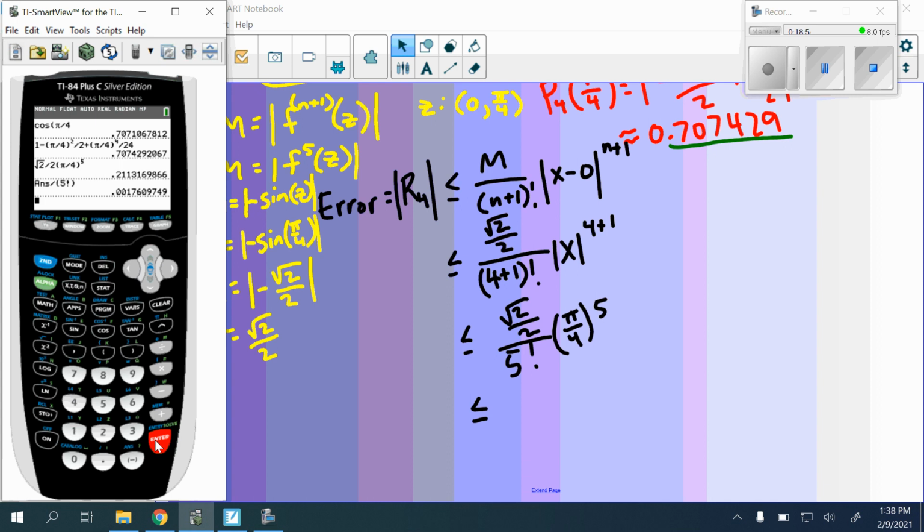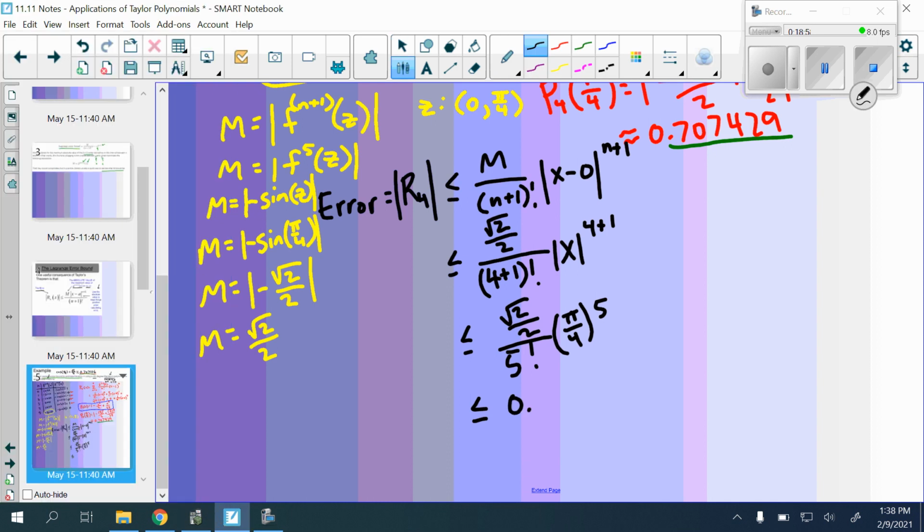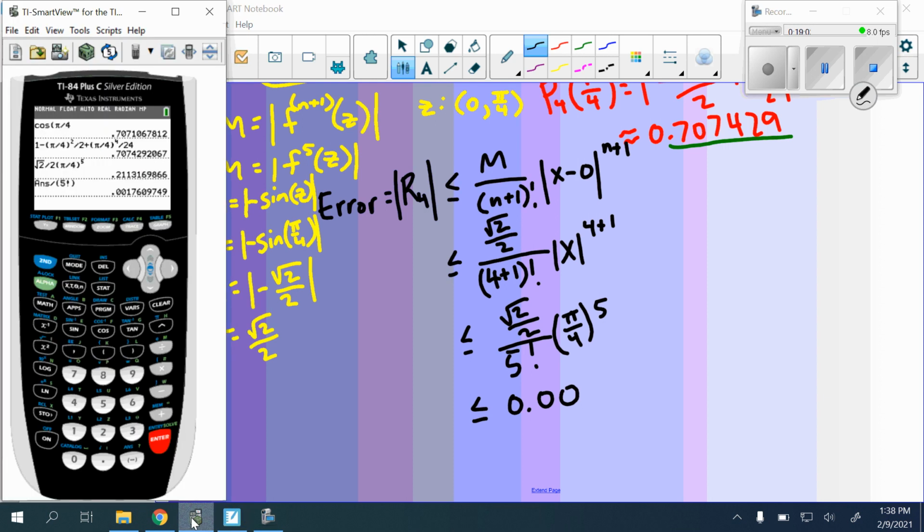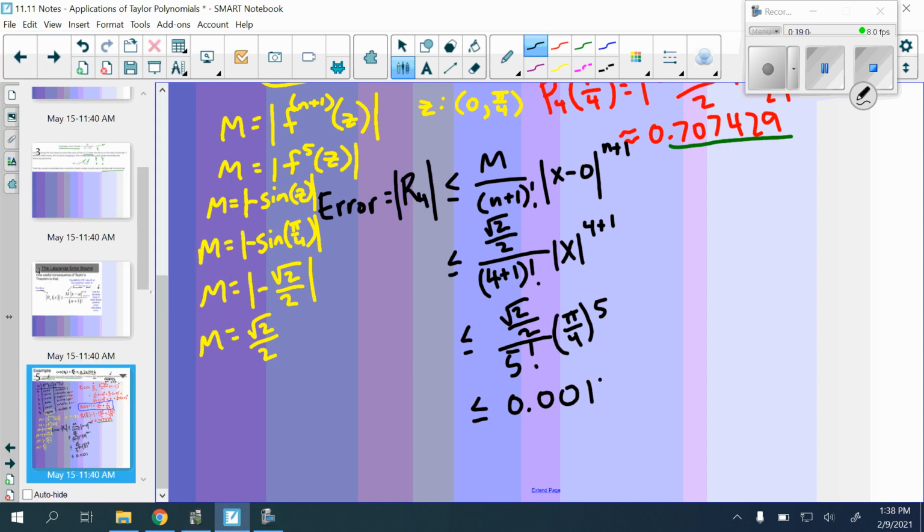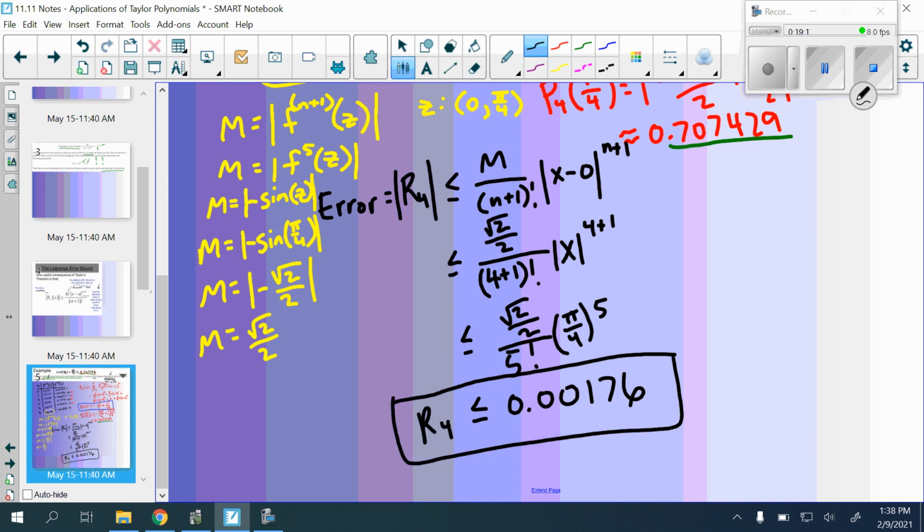So the error on this one should be within or less than 0.00176. So our error should be less than or equal to this value. That is our error coefficient, which means it should be within 0.1 in the thousandth place.